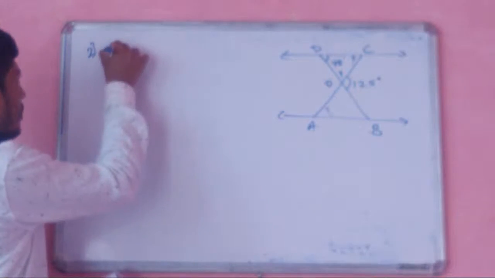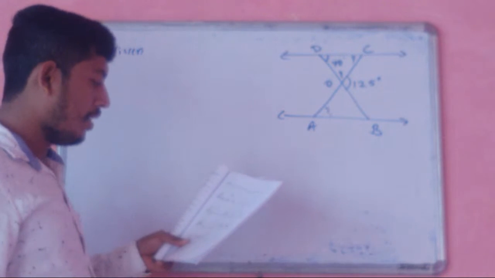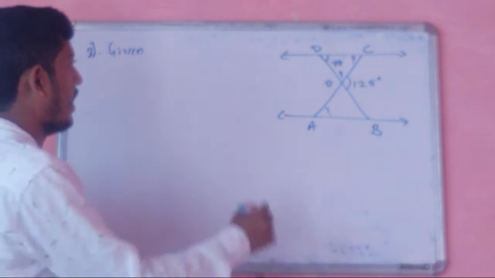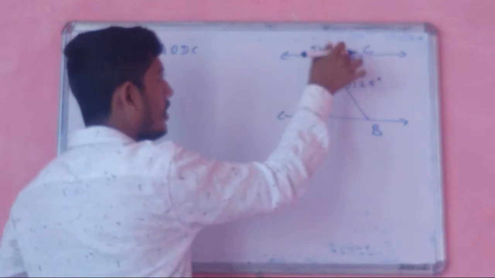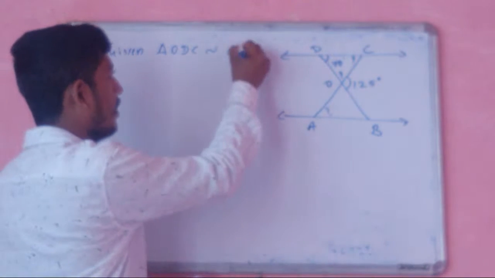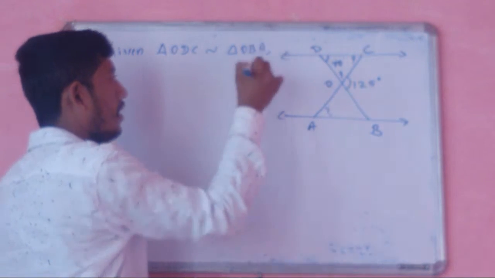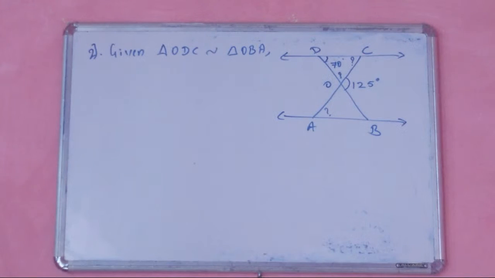Given triangle ODC is similar to triangle OBA. Let's look at the figure and the given data.